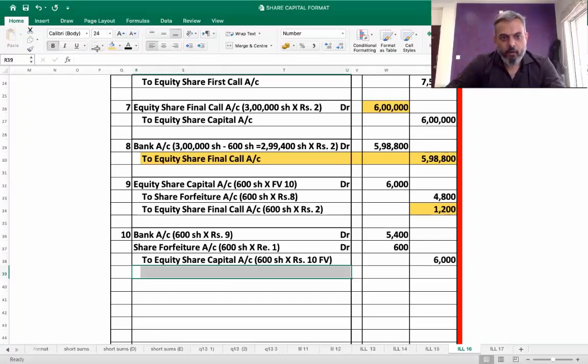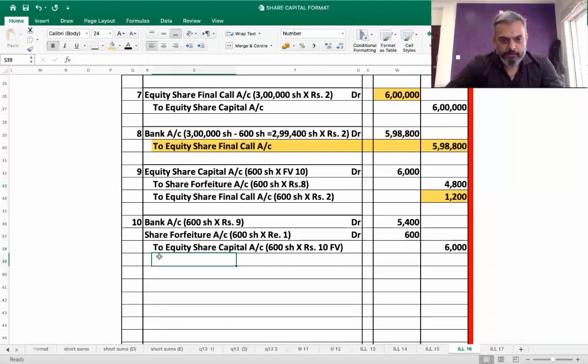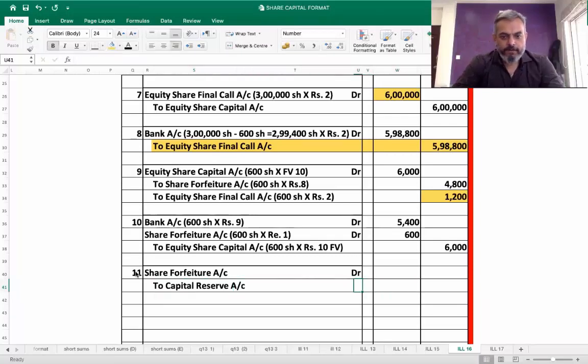Now the sum is not yet over because we still have a balance in share forfeiture account. So 11th entry, share forfeiture account debit to capital reserve account. Now one way of doing it is share forfeiture credit 4,800 and share forfeiture debit rupees 600.